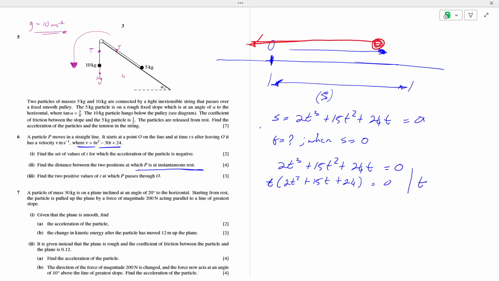Now I already have one value, which is t is equal to 0. And this is true because remember, this particle started at O. So when time is equal to 0, it was at the origin. There was no displacement. Displacement was equal to 0. Then for the equation that is remaining, I'm going to solve it using the quadratic formula. So it's going to be negative 15, this is supposed to be negative, right?